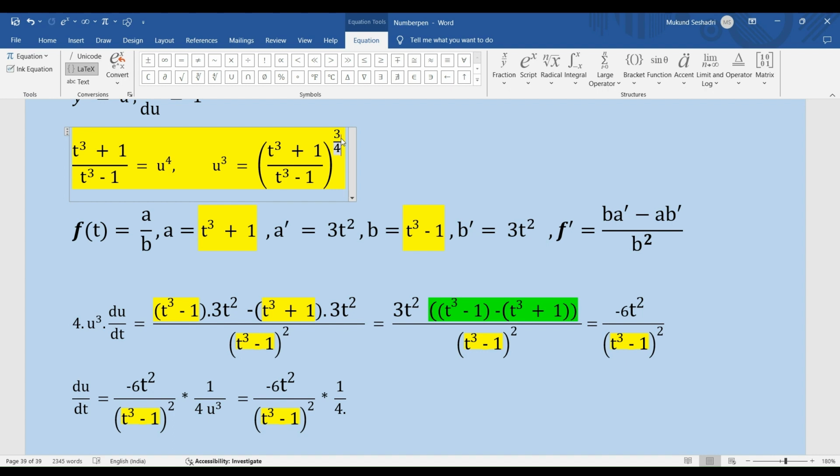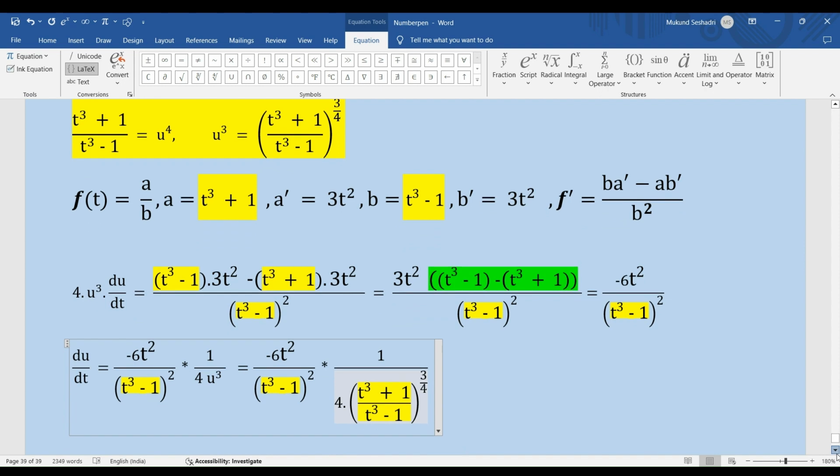My u to the power 4 equals t cube plus 1 divided by t cube minus 1. And therefore, I raise to the power 3 by 4 on either side to arrive at my u cube, right? So this is my u cube, t cube plus 1 divided by t cube minus 1, the whole power 3 by 4. And this is the substitution that I will have to make out here.